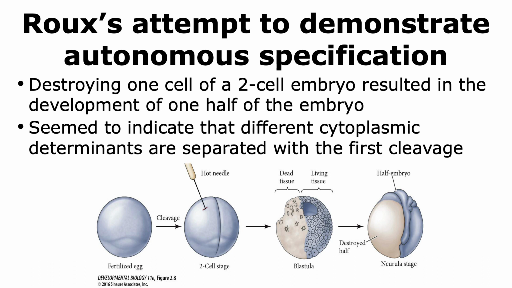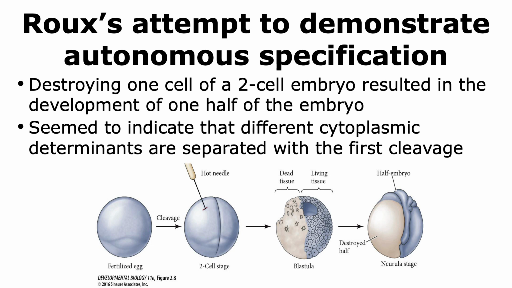The way he showed that was he destroyed one cell of the two-cell embryo and looked at the development of that damaged embryo and found that it developed only to form one half of the embryo. His experiments seemed to indicate that different cytoplasmic determinants are separated with the first cleavage where the single-cell zygote forms the two-cell embryo.